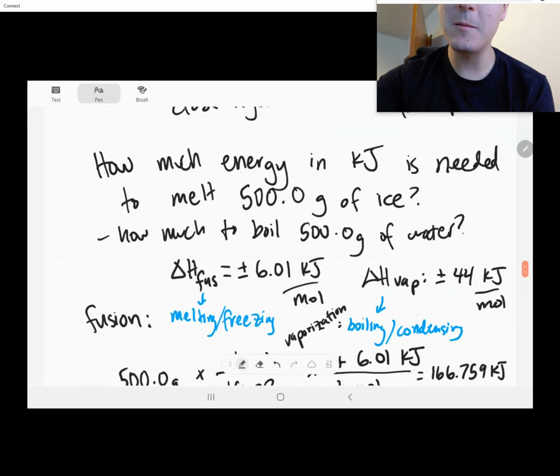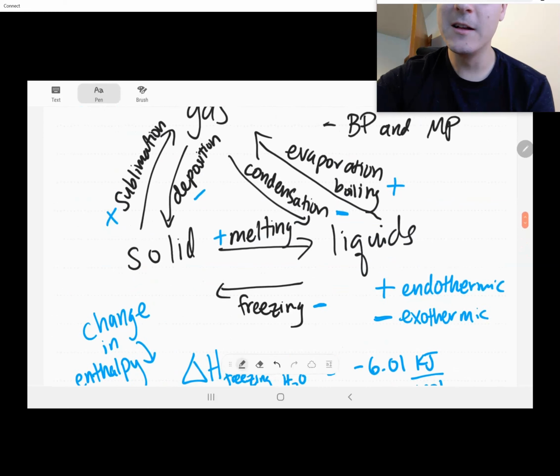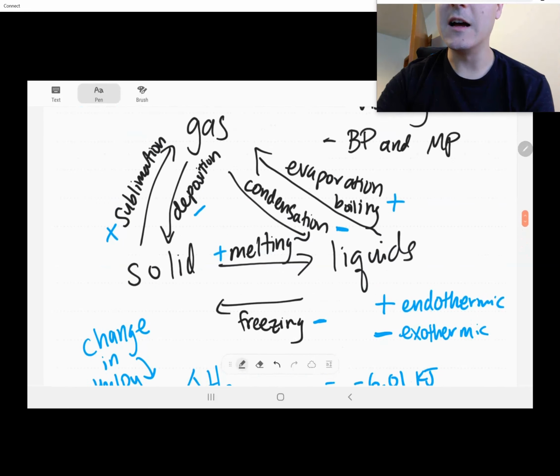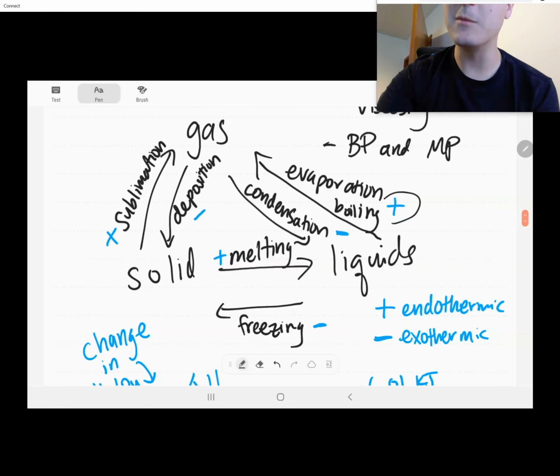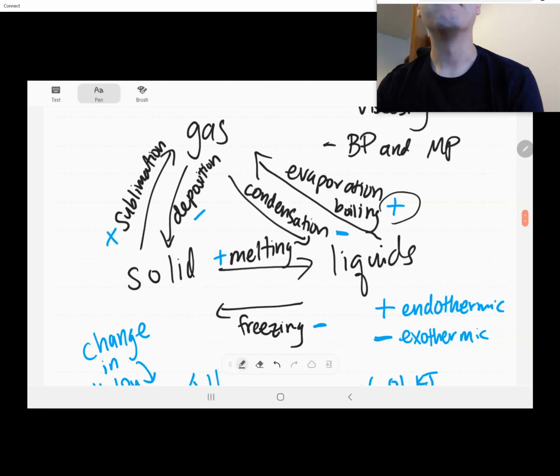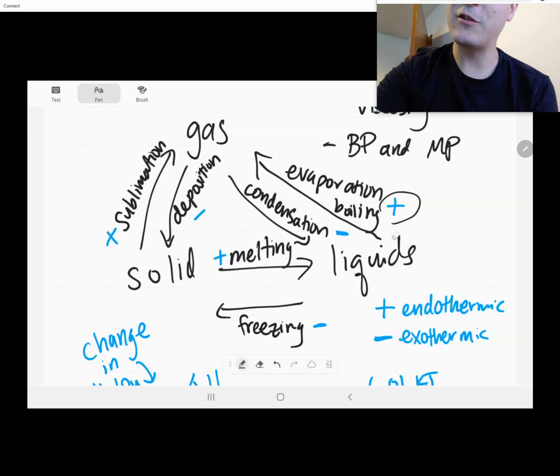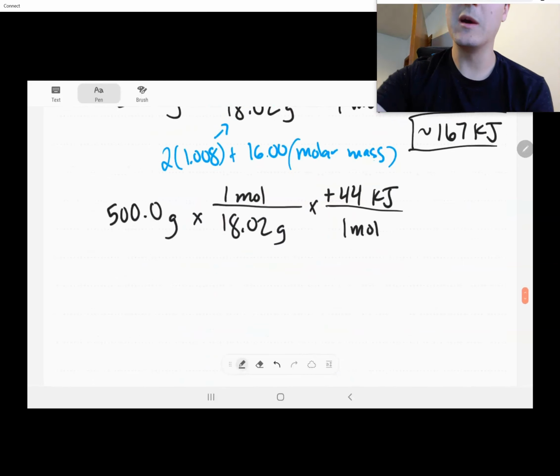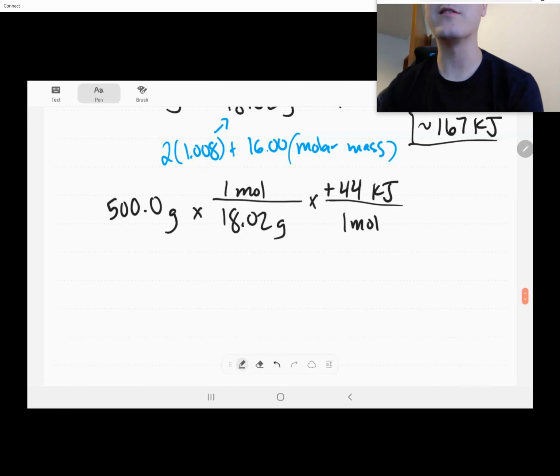So remember back our happy triangle of things. Evaporation and boiling is going to be positive. We have to put in energy. We have to give it energy. So this one should be positive as well.